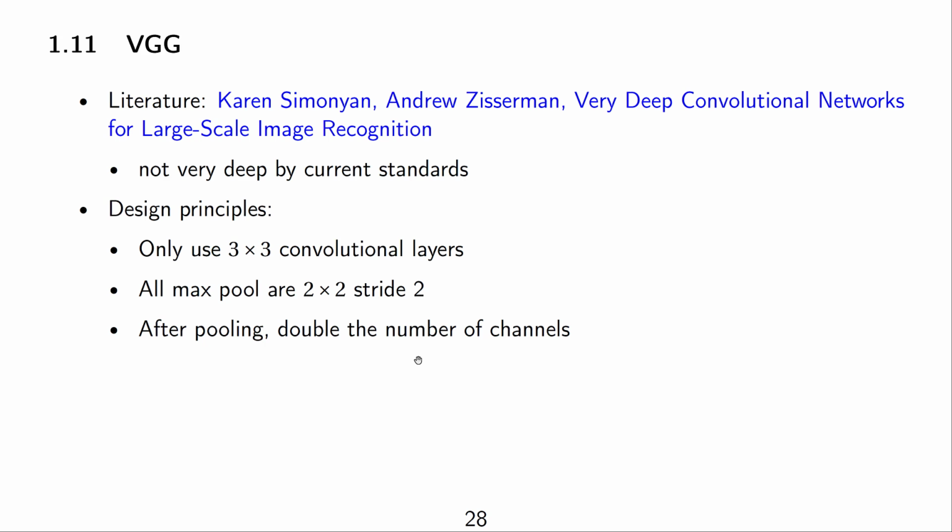And the other thing is that having smaller resolution and more channels keeps the computational load more constant throughout the network. Still, this idea of downsampling and increasing the number of channels is also something that other authors looked at later on and thought this wasn't really the proper way to do it because there's too much information destroyed that cannot then be recovered later on.